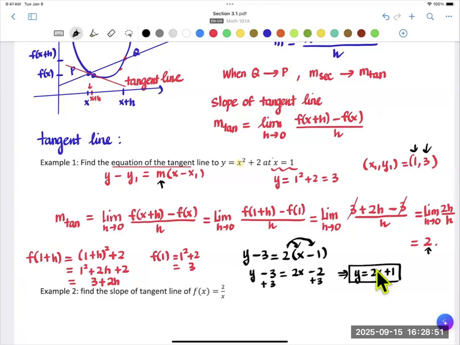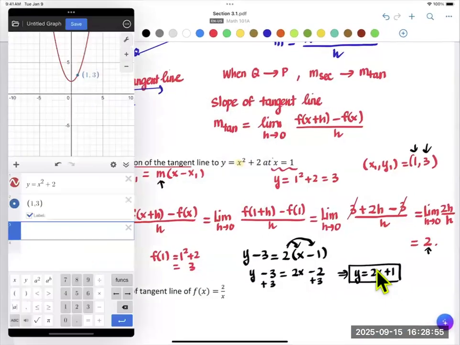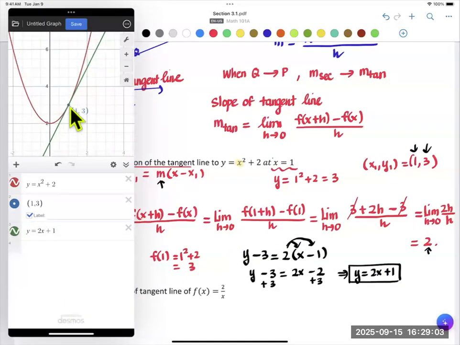So we're going to type 2x plus 1. And you will see that is the tangent line at the point (1, 3). You can see the line is actually touching the graph of f of x at this point (1, 3) with this slope. So this is the equation of the tangent line.